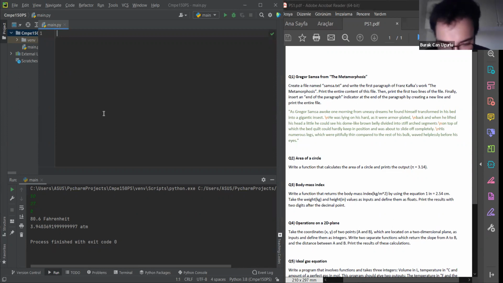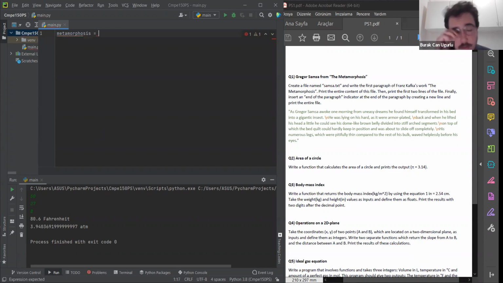So what we will do here is first of all create a variable, so it can be like metamorph.